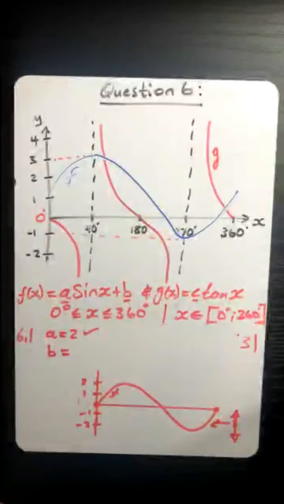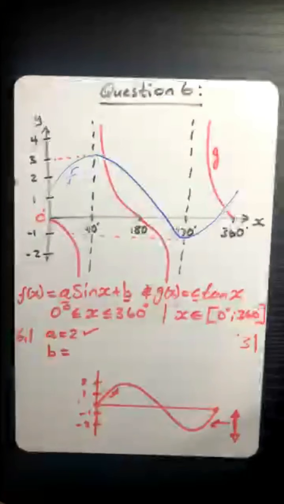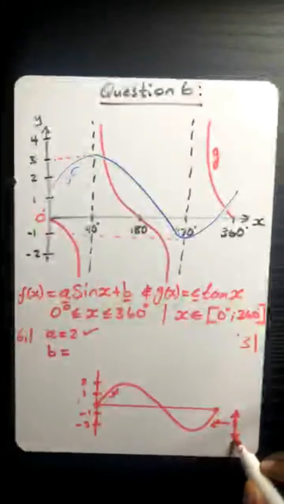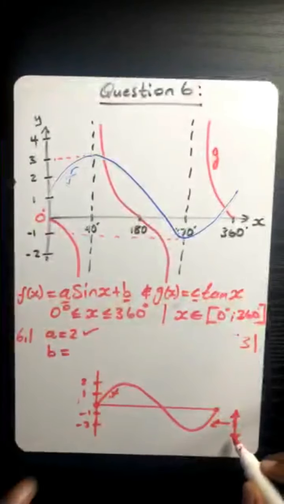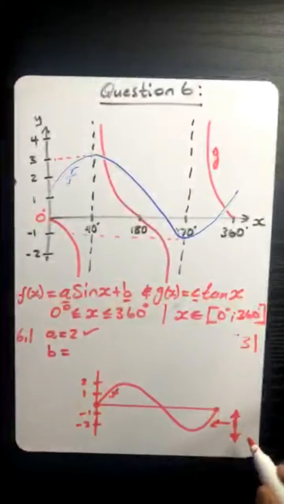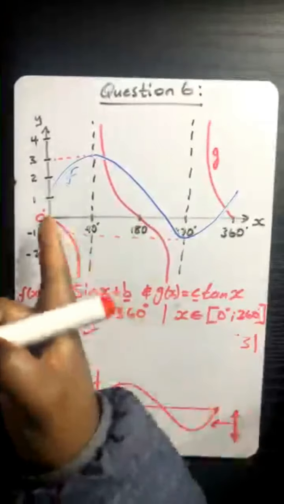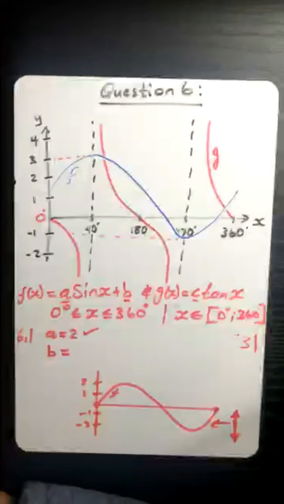Someone is saying downwards also. Okay. Someone said downwards. Maybe let's give you an opportunity to try and explain how you notice that it shifted downwards. Remember, we are on that function. How do you notice that it shifted downwards?